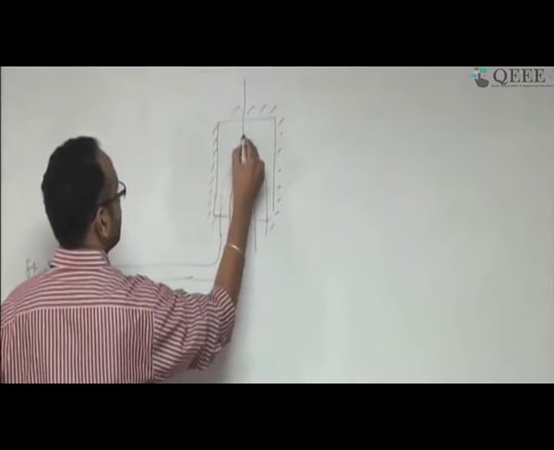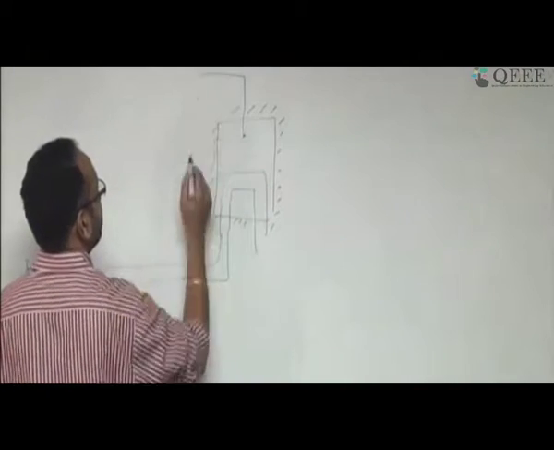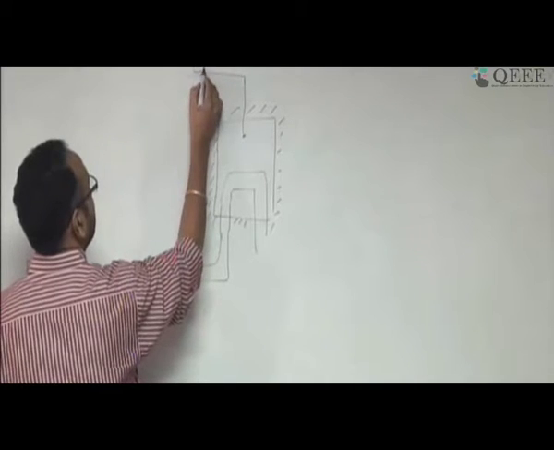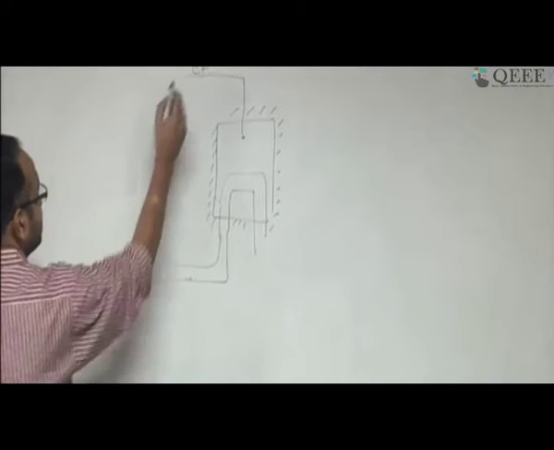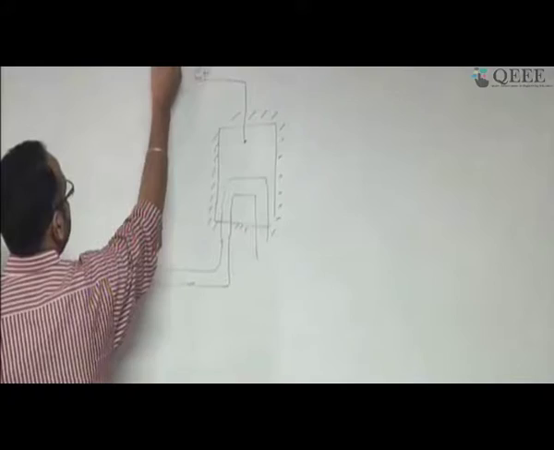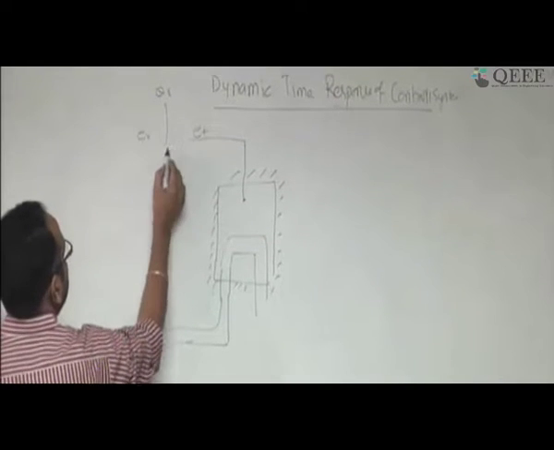There is going to be a sensor which will give me a temperature that I will convert into some voltage e(t), and the reference temperature theta r, I will convert into Er.